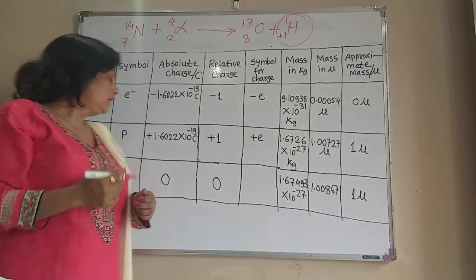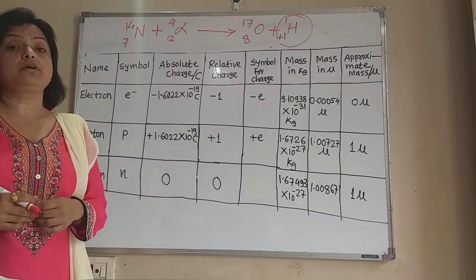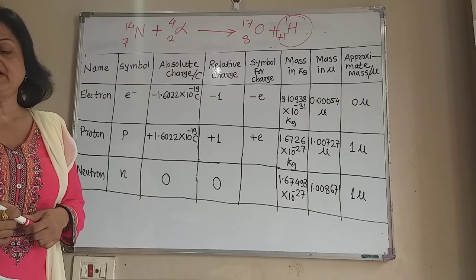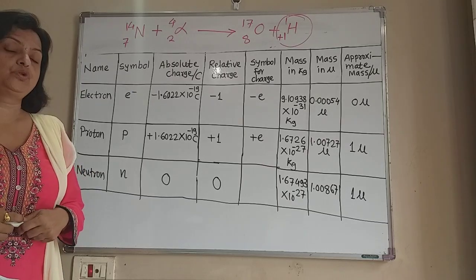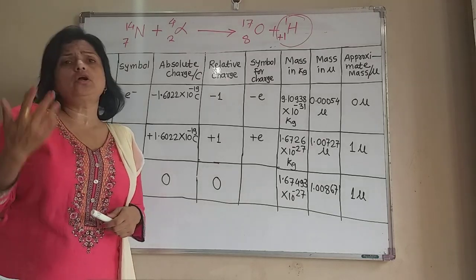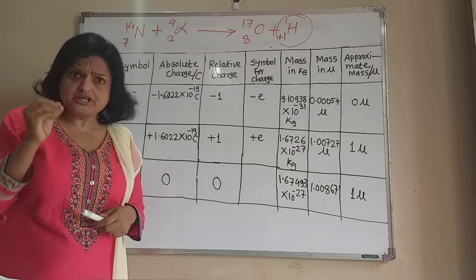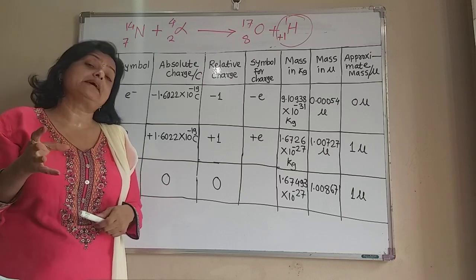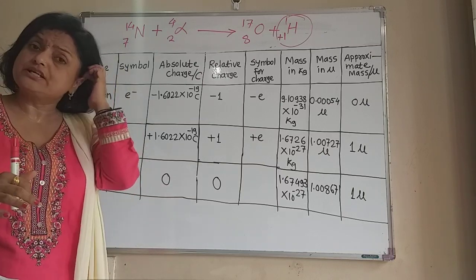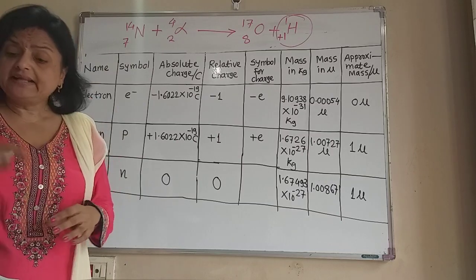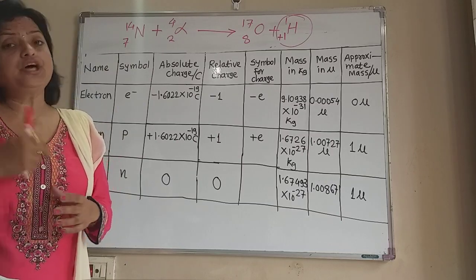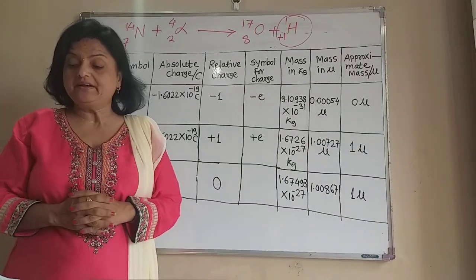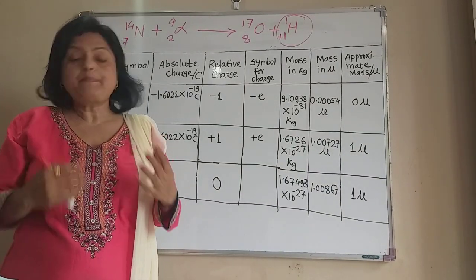Now how were the neutrons discovered? Neutrons were discovered by James Chadwick in 1932. Rutherford had also said there must be neutral particles in the nucleus having nearly the same mass as the proton, but proof was not there. Then in 1932, James Chadwick performed an experiment with alpha particles.